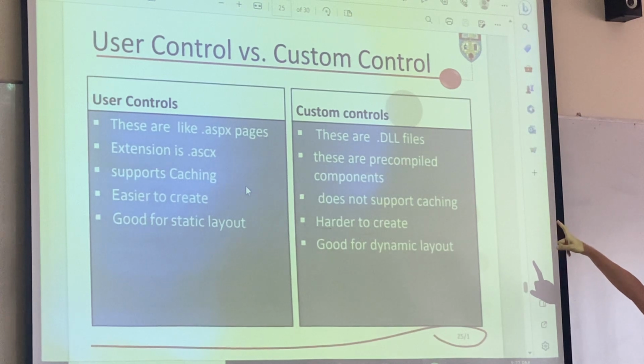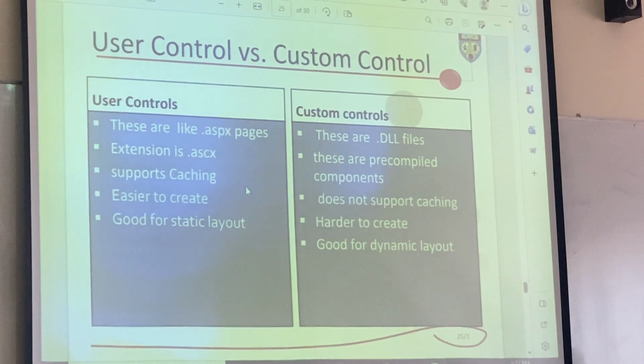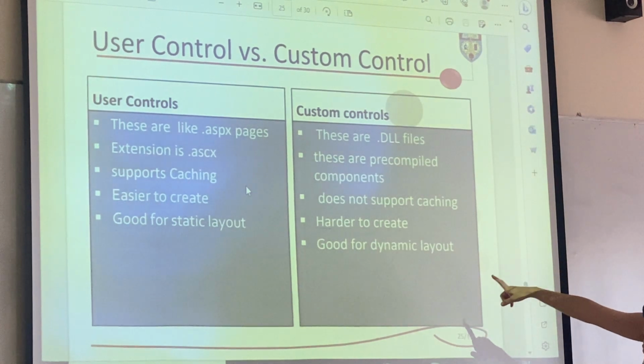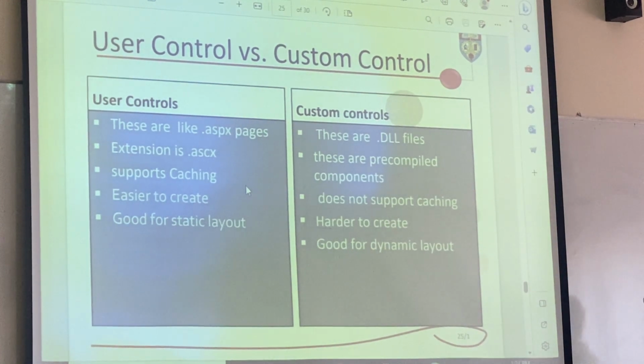What are .dll files? You never touch them. Custom controls are precompiled components, do not support caching, are hard to create, and are good for dynamic layouts. That is the difference between the user control and the custom control.